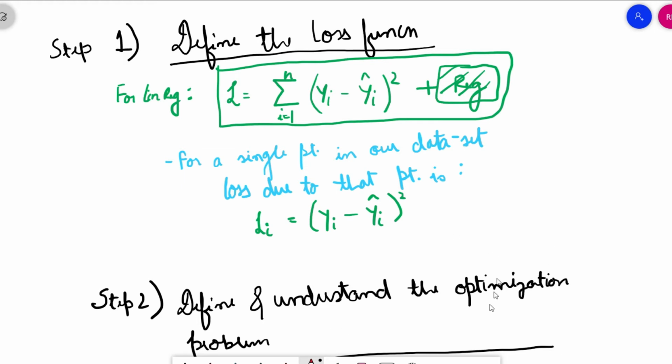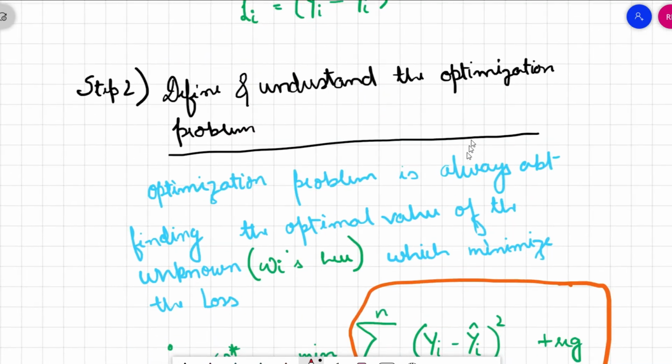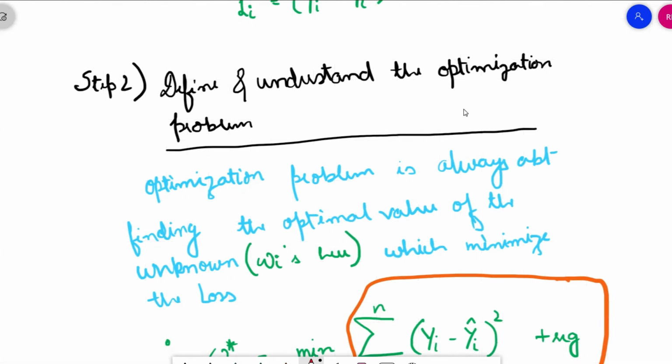Okay, so moving on to step 2. Now it is time to define and understand the optimization problem. As you might have already learned while learning machine learning, the optimization problem is basically about finding the optimal value of the unknowns in your loss equation, which minimize the loss.